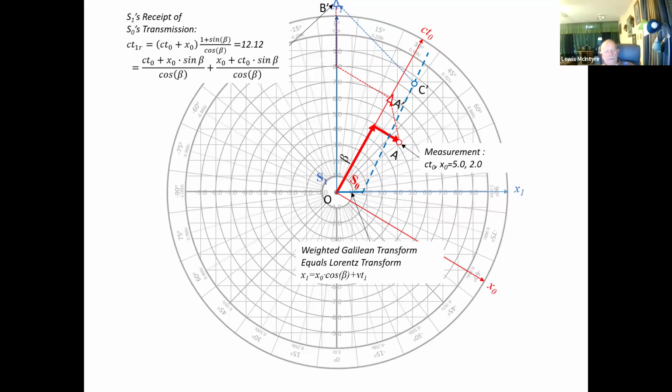The Galilean transform is shown as a blue dash, which is the locus of measurements in S1 of the Lorentz transform of CT0 over time, in this case, C prime at CT1 equal to 6.92 units of time and X1 equal to 5.19. These two numbers also sum to 12.12 units of time.